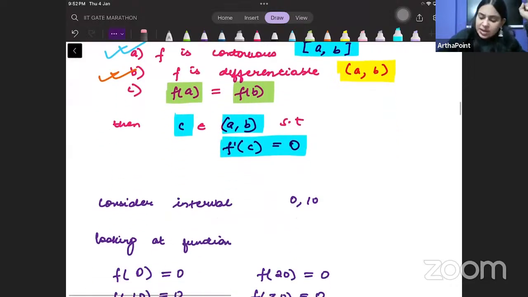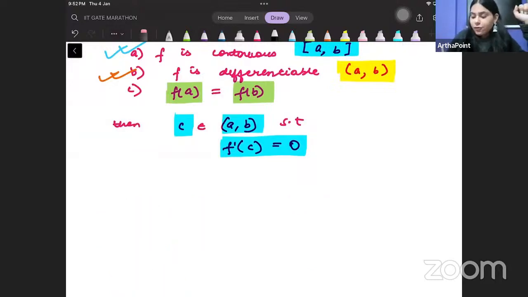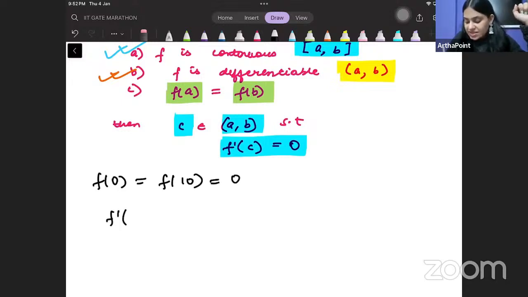This means, beta, that f of 0 and f of 10 have the same value. So there will exist a C1 such that when the function is differentiated at that C1 you will get 0.